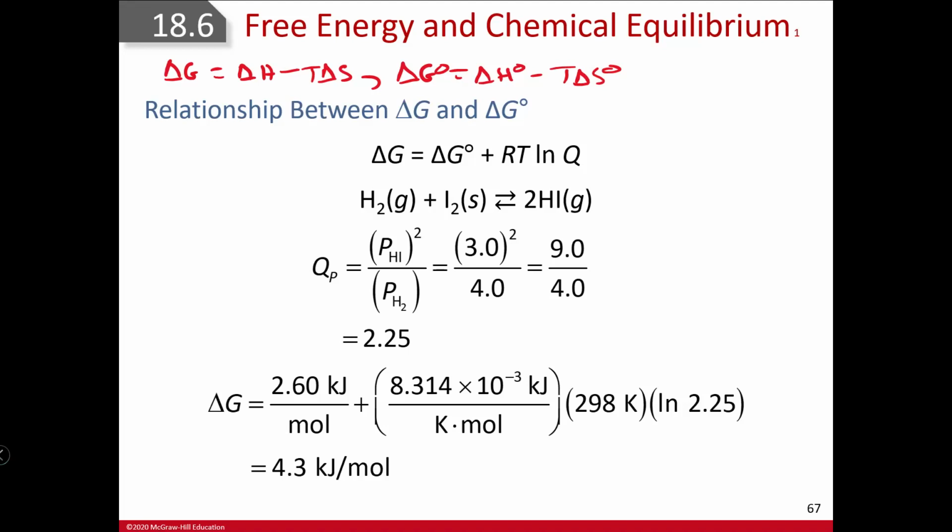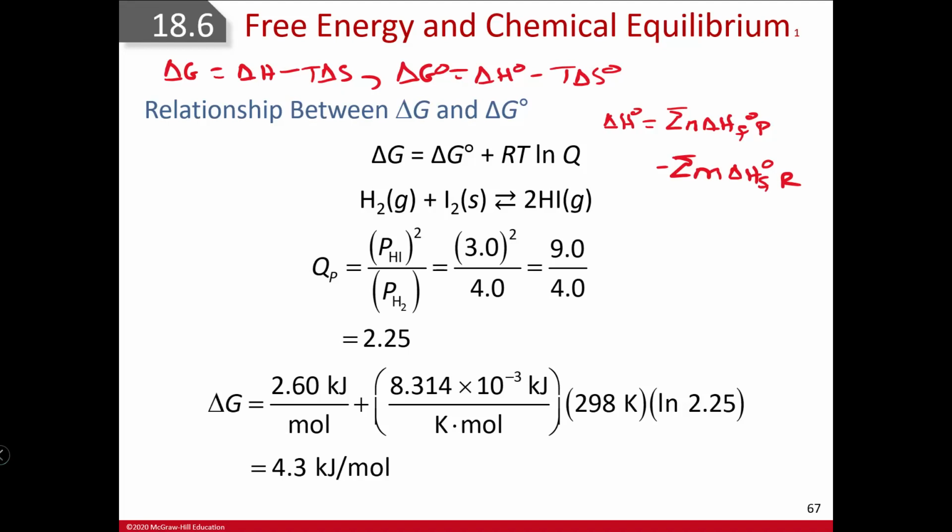We know that delta H naught can be determined from the summation of the number of moles of delta H of formation of the products minus the summation of the number of moles of delta H of formation, standard enthalpy of formation, of the reactants.